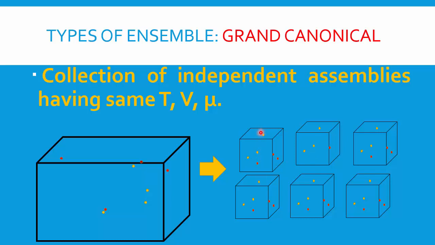But some other things may change here: the energy might change or the number of particles might change. It might happen. So when you have the same information about temperature, volume and chemical potential for every picture, we say it's a grand canonical ensemble.